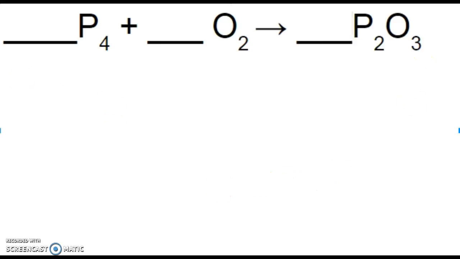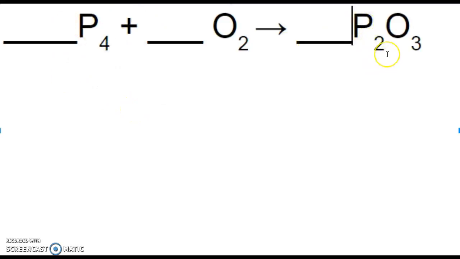So if I look at this, on this side, I currently have 4 phosphorus. I have 2 oxygen. On this side, I don't have 4 phosphorus, I only have 2. So our conservation of matter law tells us that there must be more of this product produced when we start off with this amount of reactant.